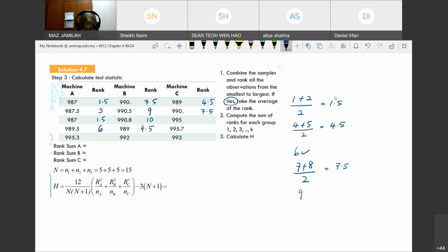Then number 11 would be 992. Number 12, 993.